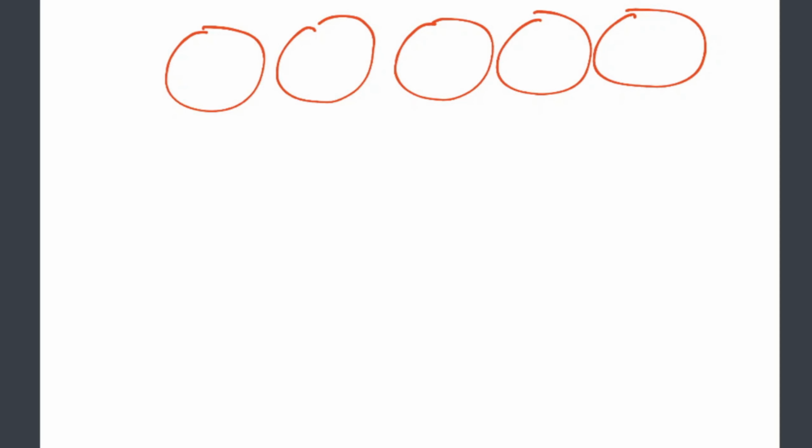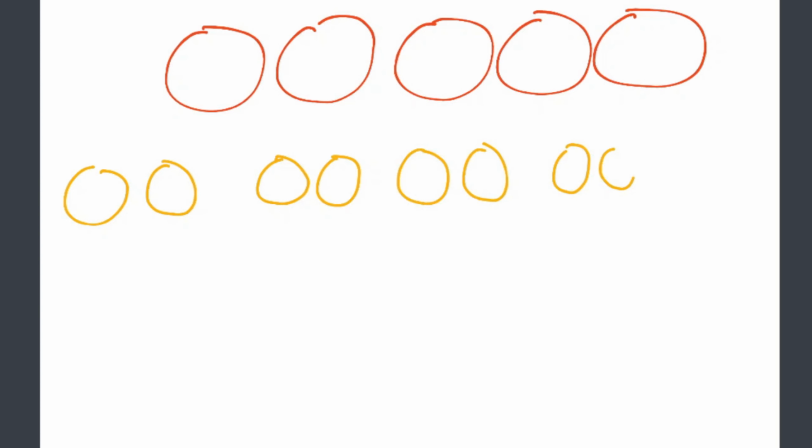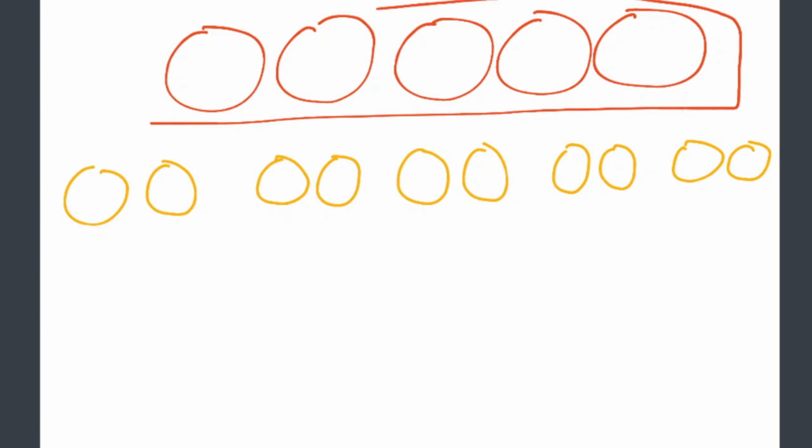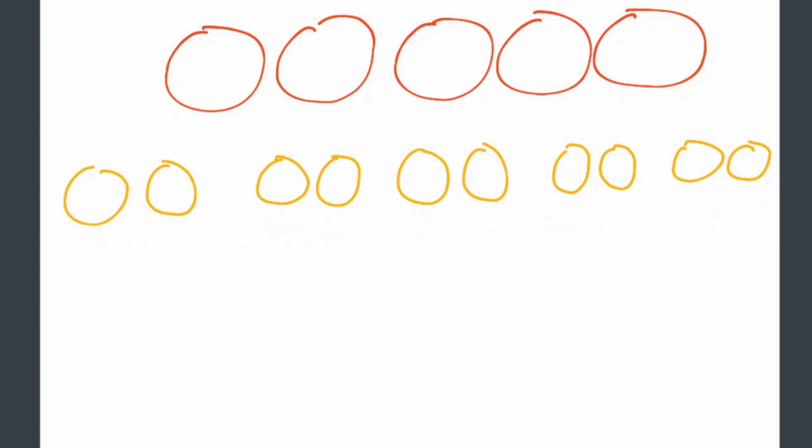Now let's say we had 5 apples, and then we had 10 oranges. So we have 5 apples over here, and we have 10 oranges down here.